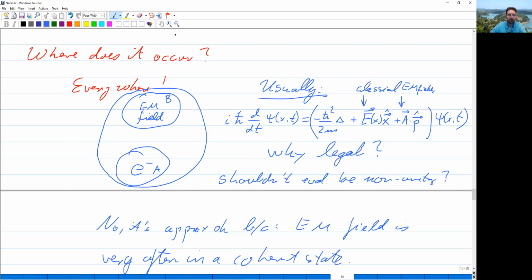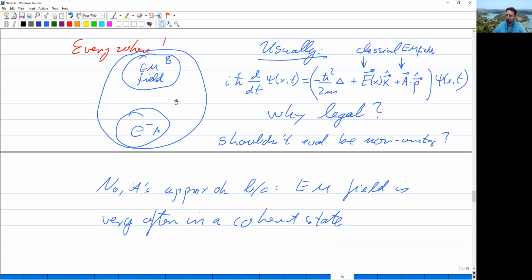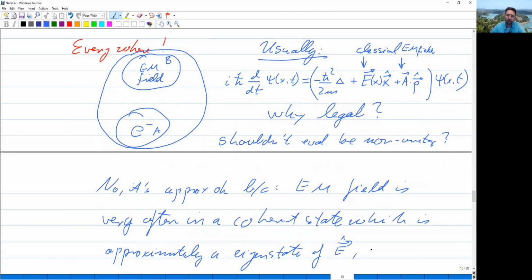And this is because of the way that charges and currents are generating electromagnetic fields. So very often the electromagnetic field is in a coherent state, which is approximately an eigenstate of the E operators and the A operators.